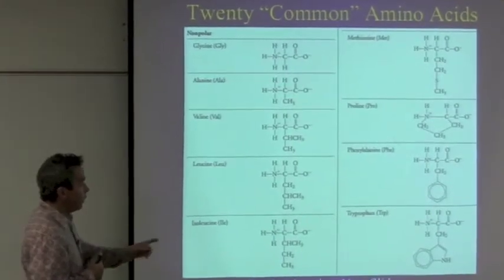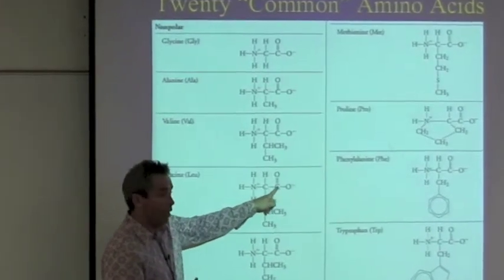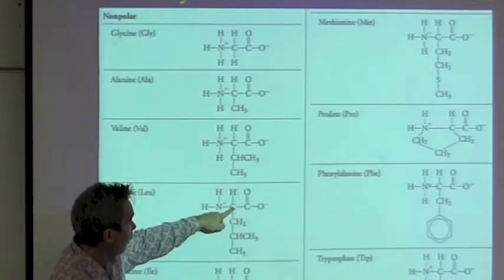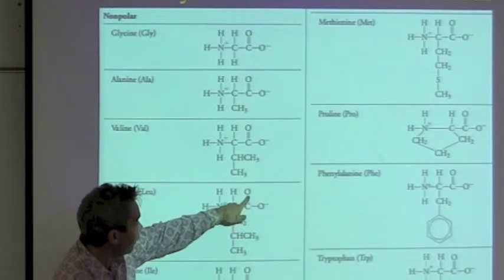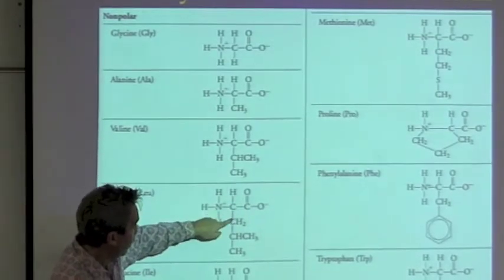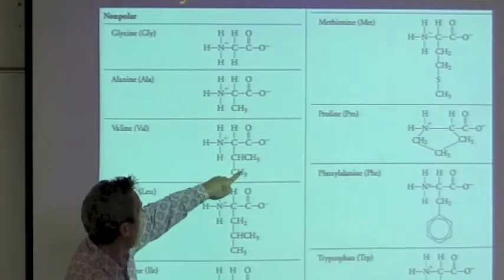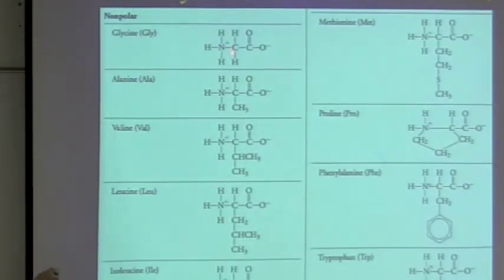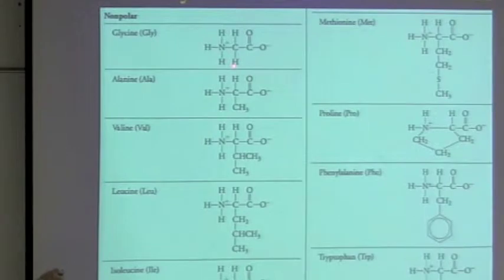But notice in all these, there's the NCC, the carboxyl group over here, and the amino group over here. On the alpha carbon, the carbon that's next to the carbonyl group, there is some side chain that varies from one to another. Notice on the top here, glycine. On glycine, the side chain is just a hydrogen.